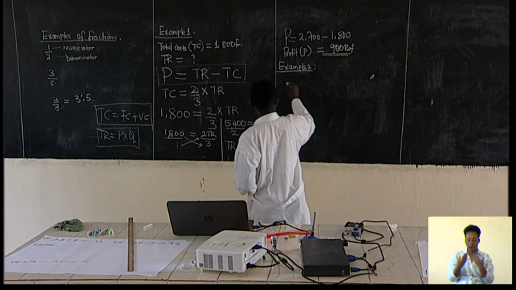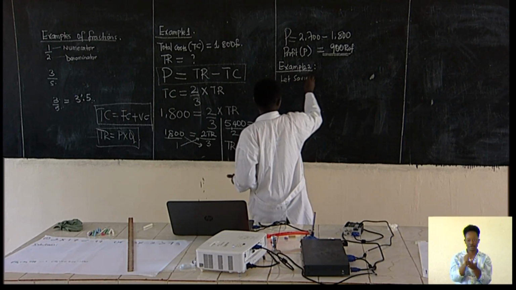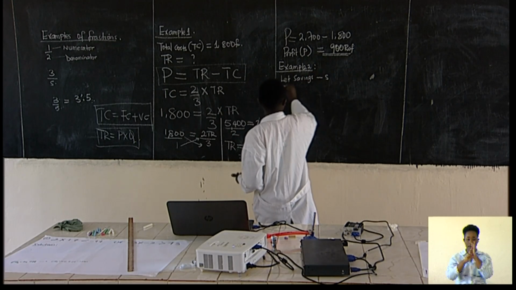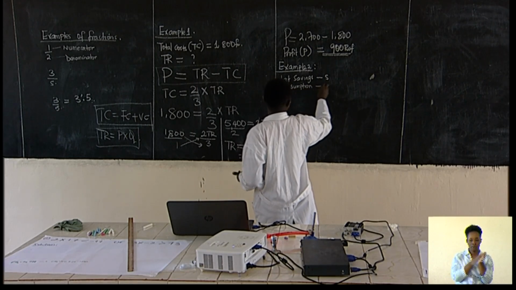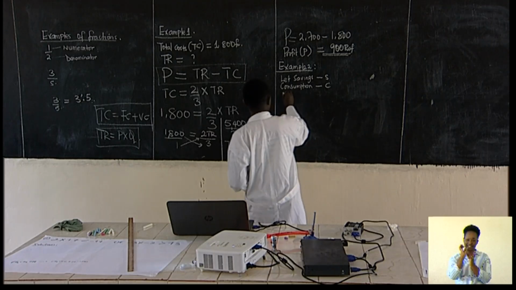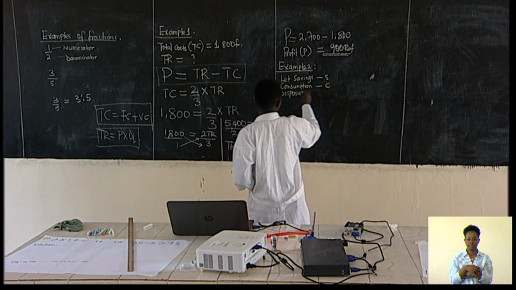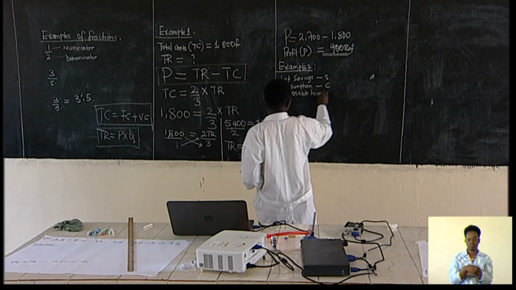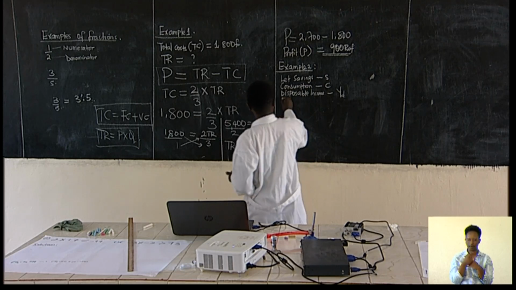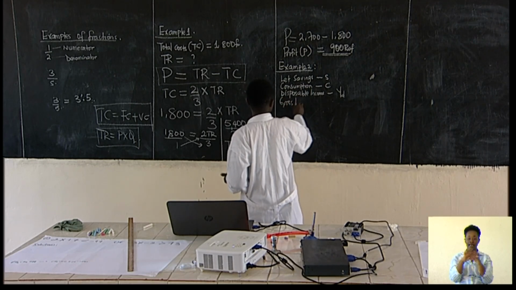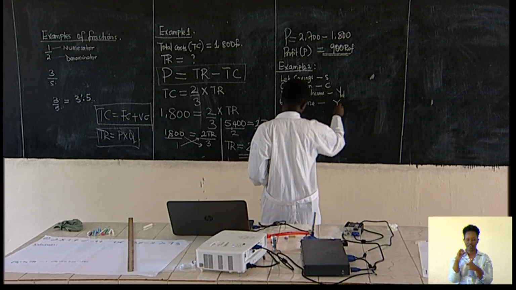So here we can first say let savings be represented by S, then consumption can be represented by C. Disposable income, let disposable income be YD. Then gross income, which we are asked, let gross income be our Y.